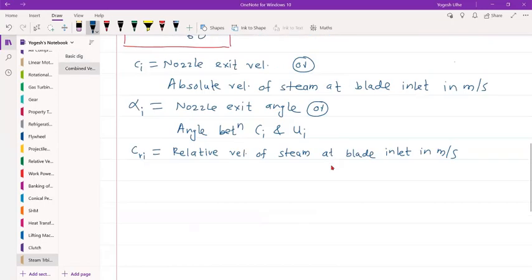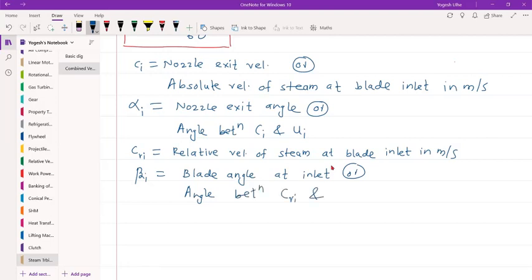Then beta I. Guys, this beta I is important. Blade angle at inlet. Beta means blade angle at inlet, or the angle between CRI and U. One minute guys.